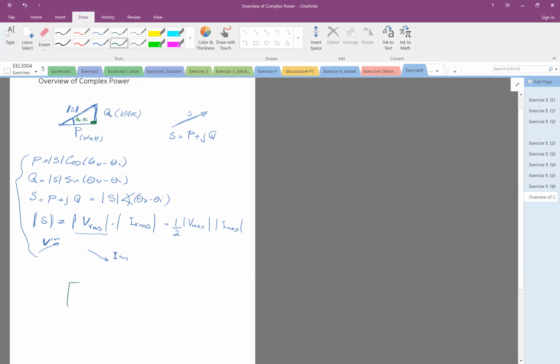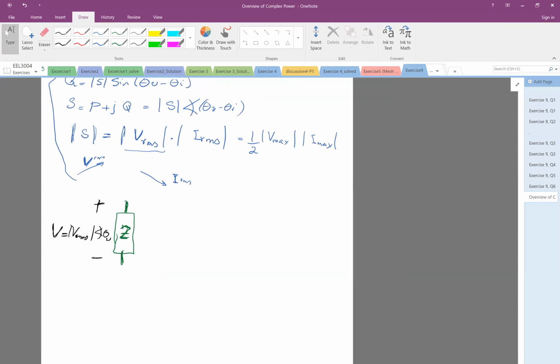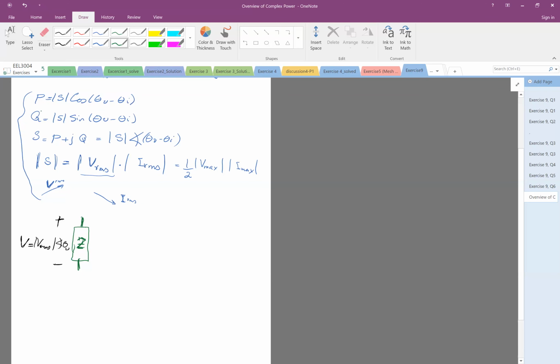You have a load element Z. And let's say somebody gives its voltage, for example V in terms of VRMS, the magnitude, and its phase theta V. So let's say this is given, and some other information about either P, Q, or power factor.